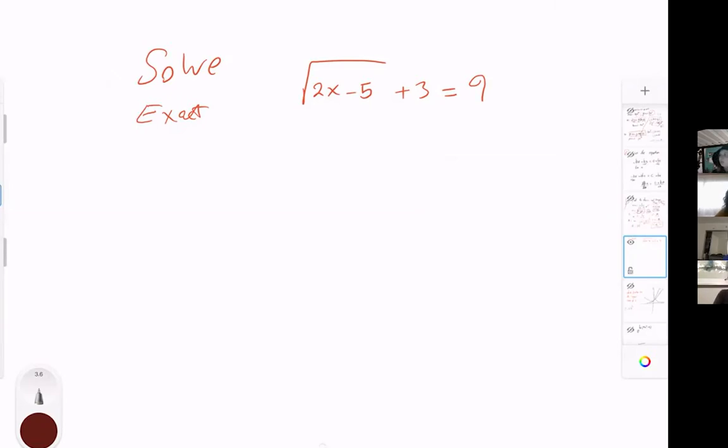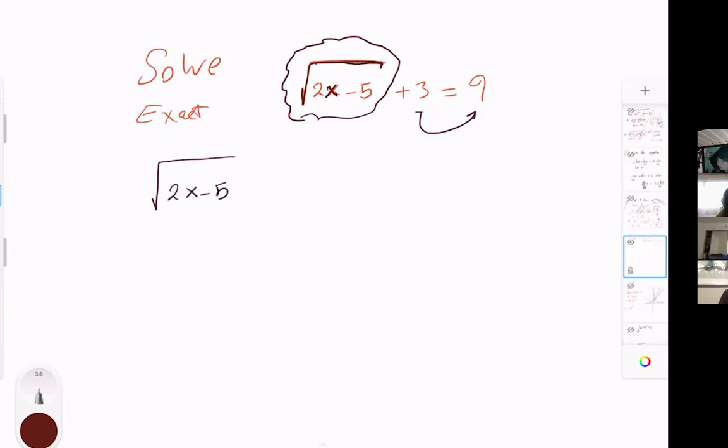So we have a radical equation. We are looking for this x, so we need to have the radical on one side. I'm going to move this 3 over here. We have radical 2x minus 5 equal to 6. Now, in order to solve for x, I need to square both sides.